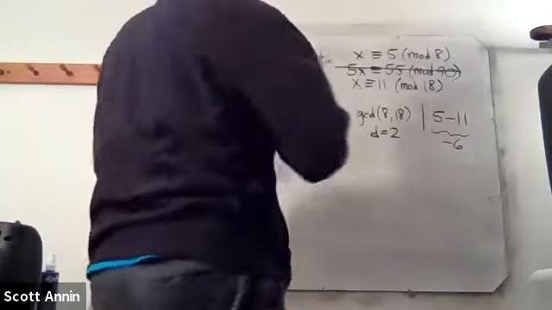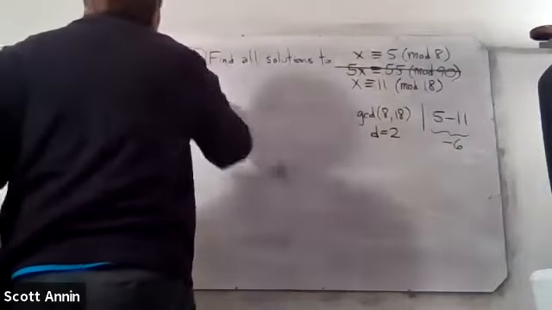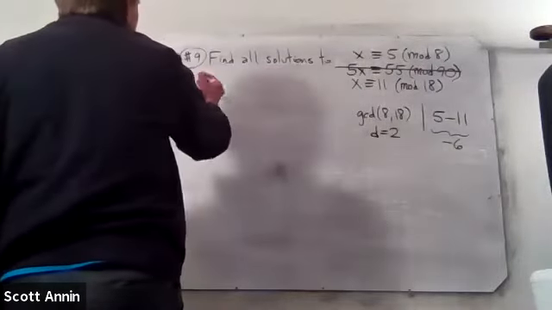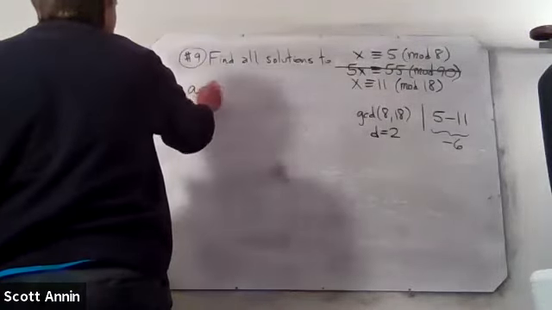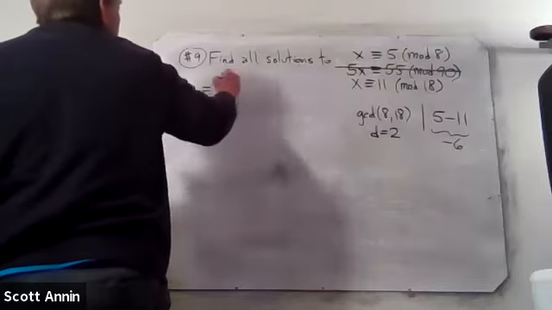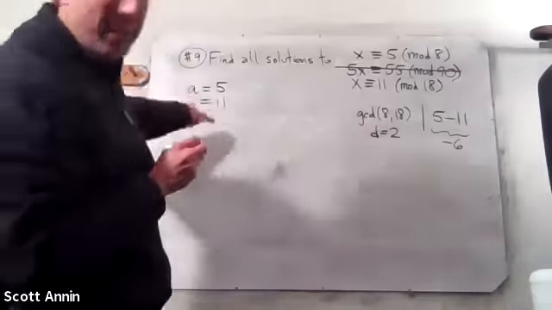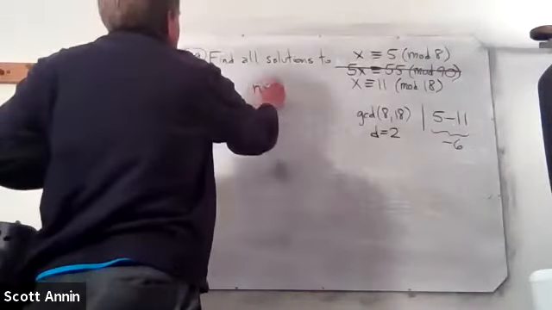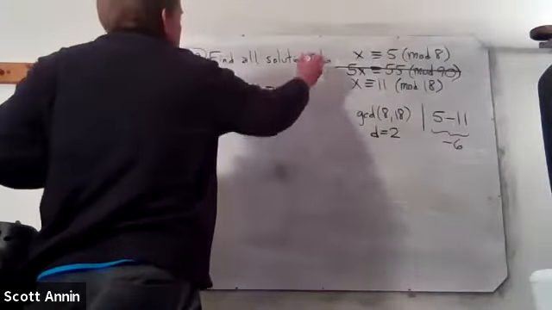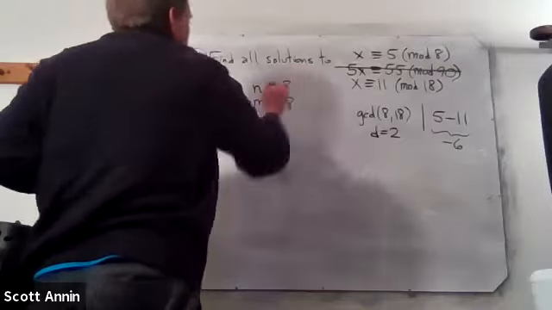So let me just remind you that there's a bunch of variables here that we need to write down. There's an A and a B, which are just the right-hand side of the two congruences. That would be the 5 and the 11. And then there's an N and an M, which are just the respective mods. You really have to be careful on this, guys.